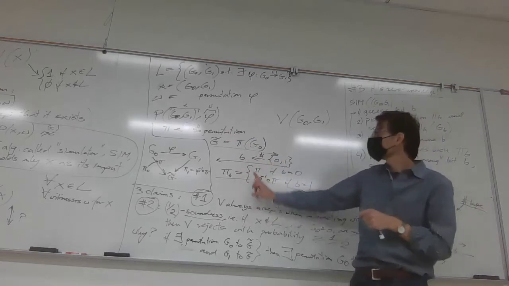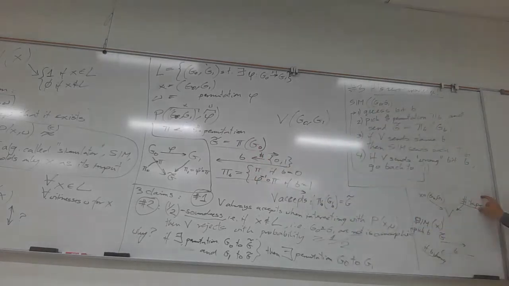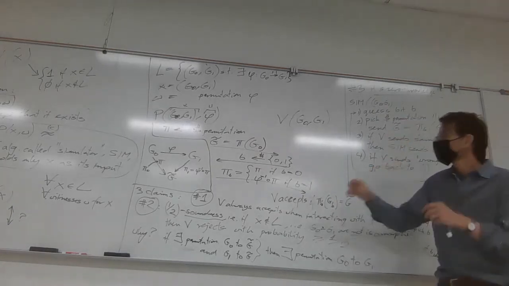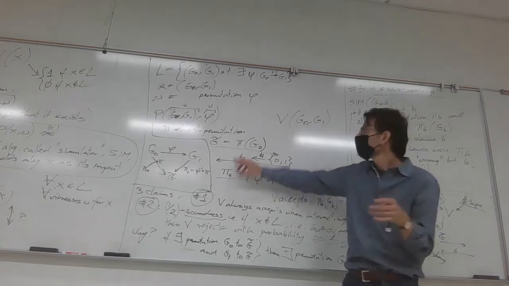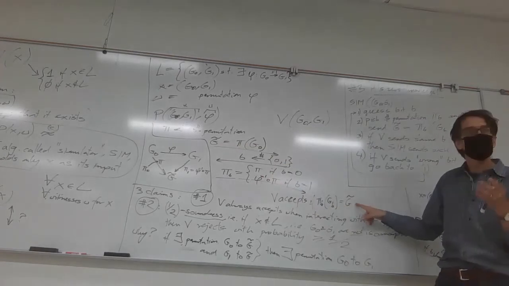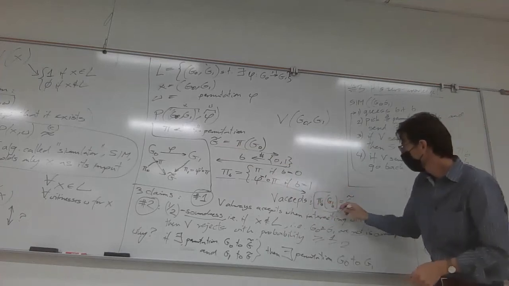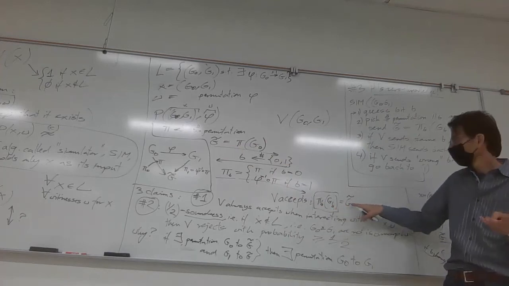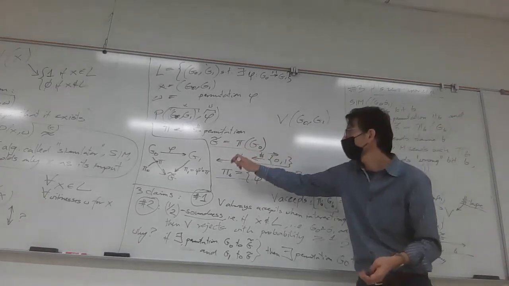At least it's instructive to go backward. Fix the bit b, the bit b that resides here, and assume that the simulator guessed it. In a real execution, for that bit b, pi b is a random permutation, and g hat is a deterministic function of everything else, because g hat is just this value. Once pi b is fixed and bit b is fixed, then g hat is deterministic. So it's fixed by these two.